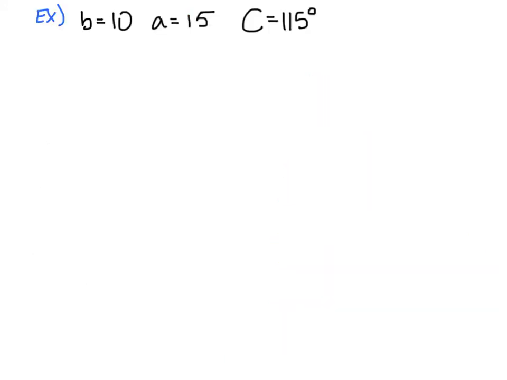Okay, so we're told that side B is equal to 10, A is equal to 15, and angle C is 115 degrees. So we have to draw out this triangle. Alright, so 115 degrees, that'll be our biggest angle.